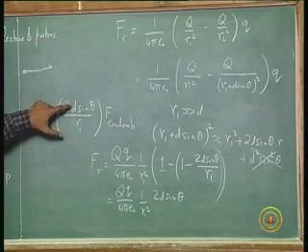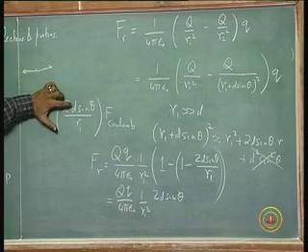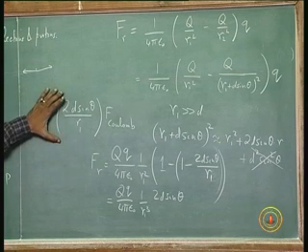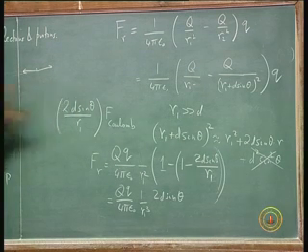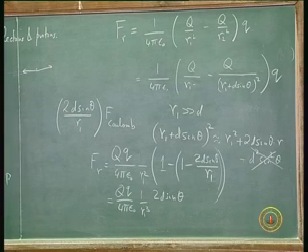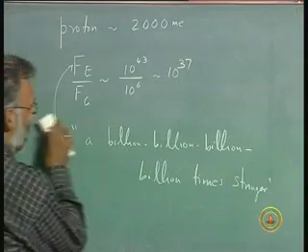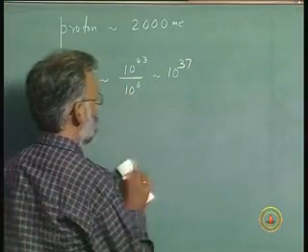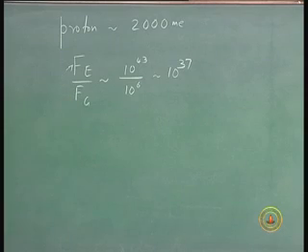It means that if electrons and protons are on average d distance apart, then at a distance r1 the force is smaller by this factor. But does that explain why gravitation dominates? Let us see the numbers. We have the numbers here already. We have that gravitation dominates by a factor of 10 to the 37.